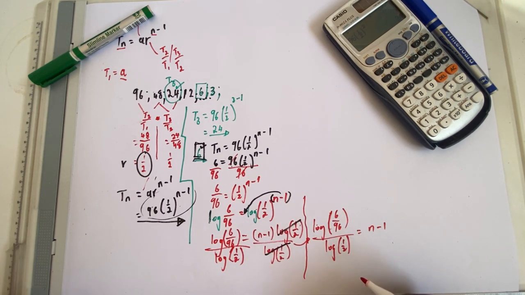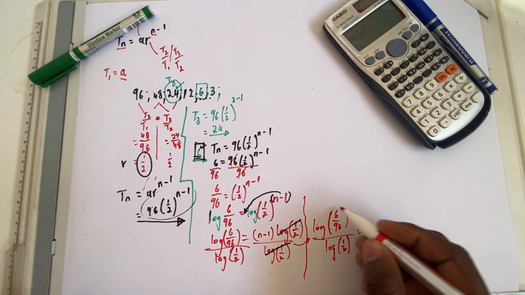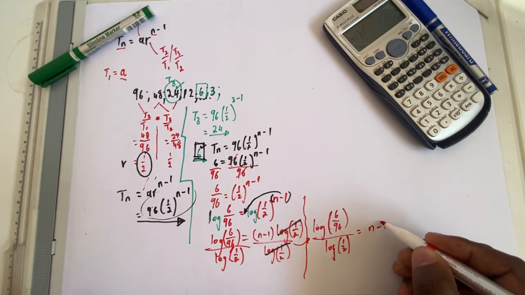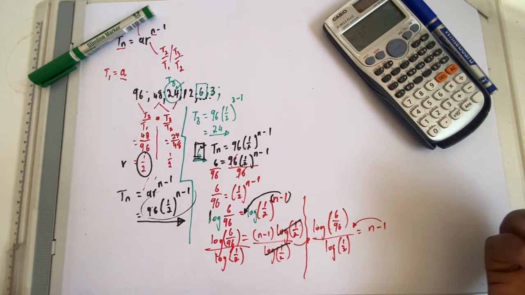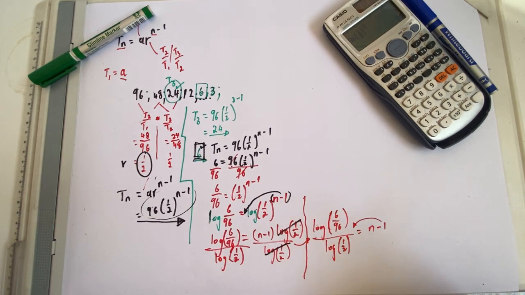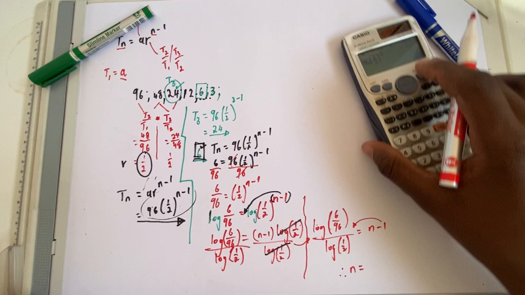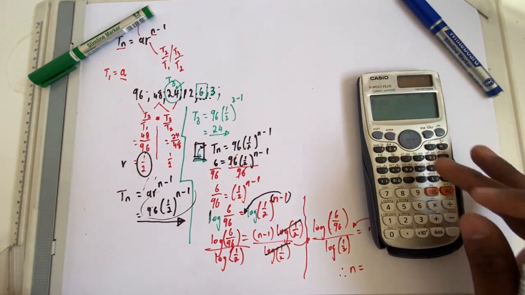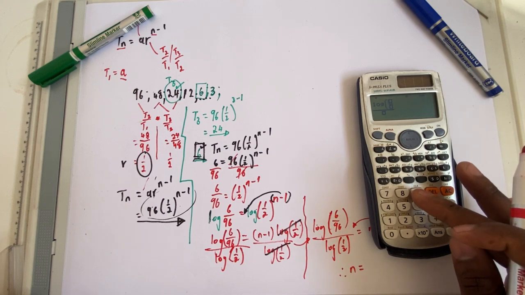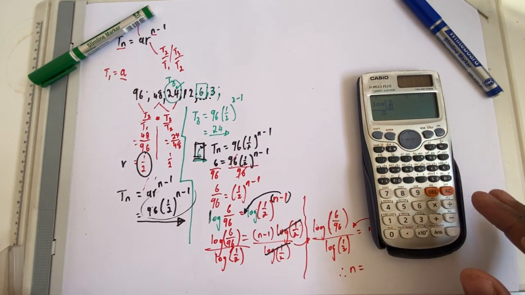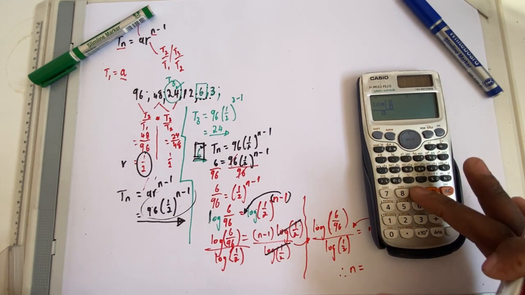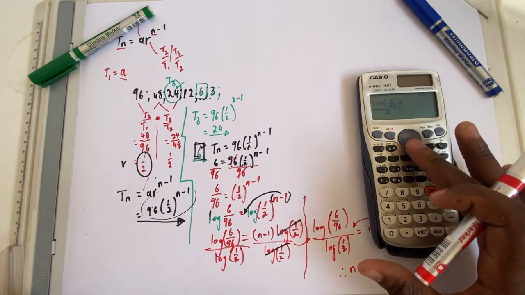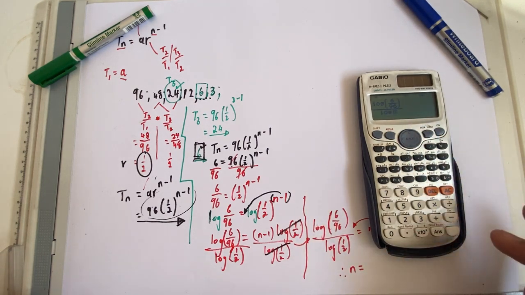So now since this is what I basically have, what do I do with that? I'm going to take this, shift it to the other side, it will add. You get that? Since it will add, therefore n is equal to, so that means I'm going to put this inside the calculator, which is going to be the log of 6 over 96, divided by the log of half.